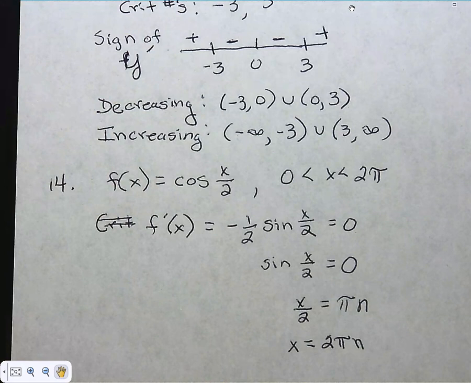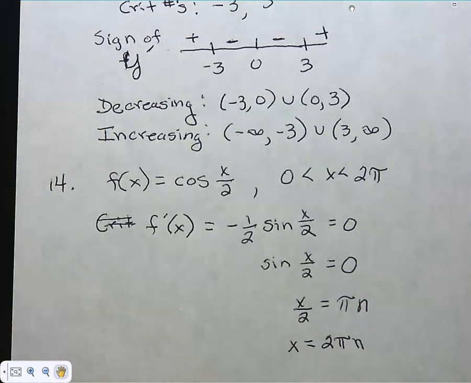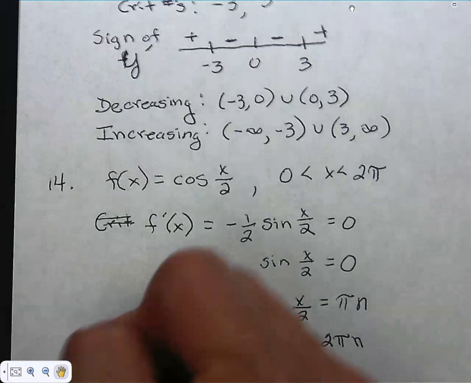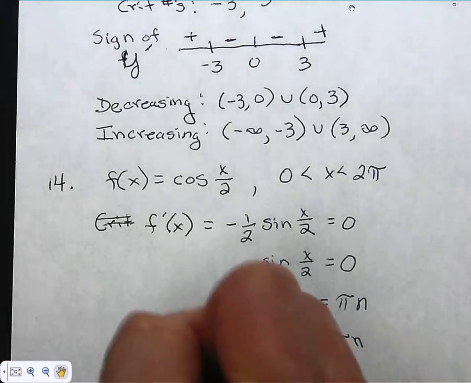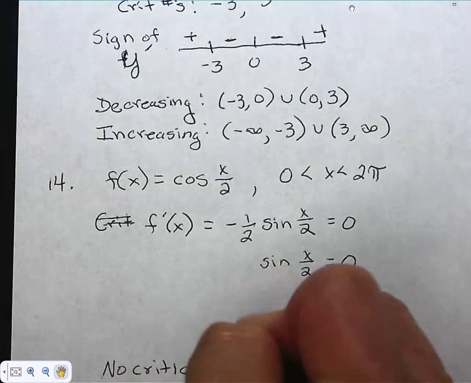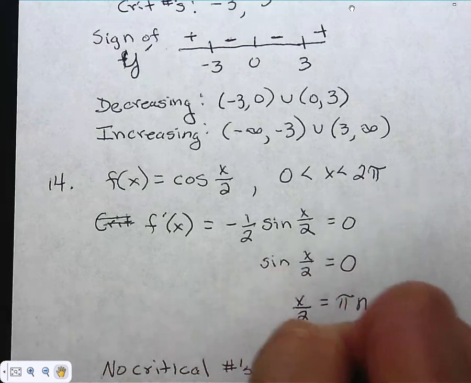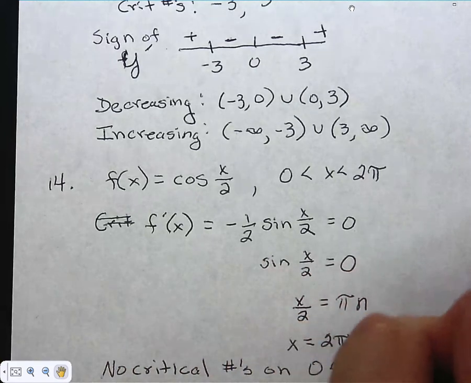And if n is 1, this is 2 pi, but this says don't include 2 pi. So there would be critical numbers for cosine 1/2 x, but they're not going to be on the interval from 0 to 2 pi. So I'm just going to say no critical numbers on that interval that we're given.